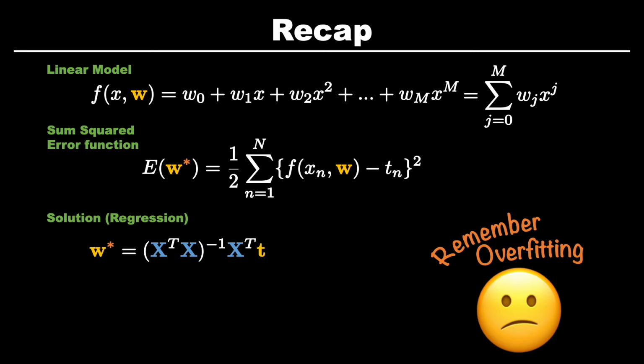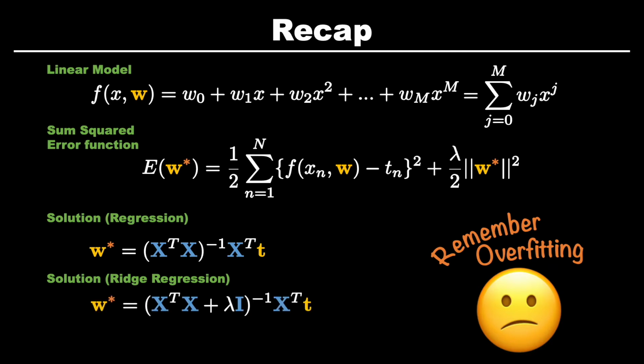Our first remedy was to increase the trained data set, and it did work. But then we made it work on limited data set as well with the help of ridge regression, which introduced a regularization or a shrinkage of weights to avoid overfitting.